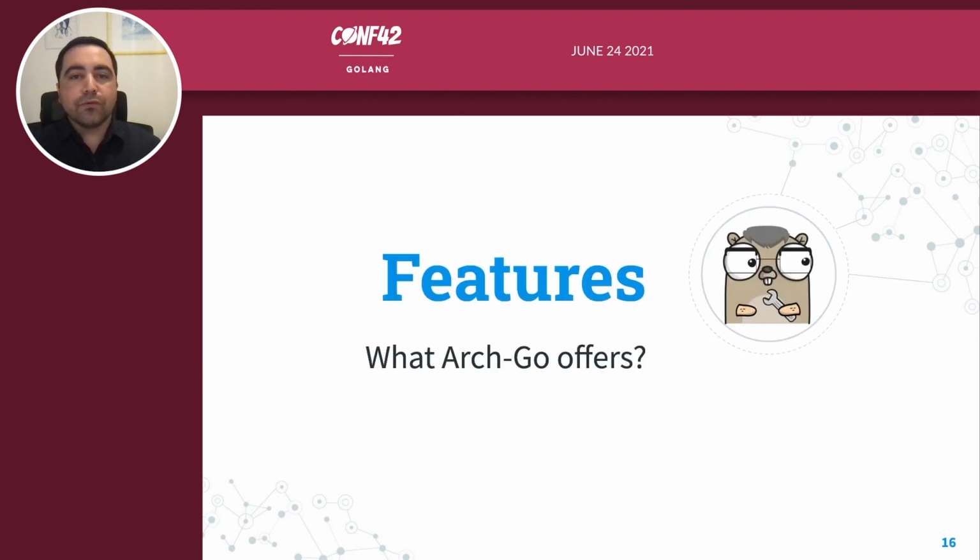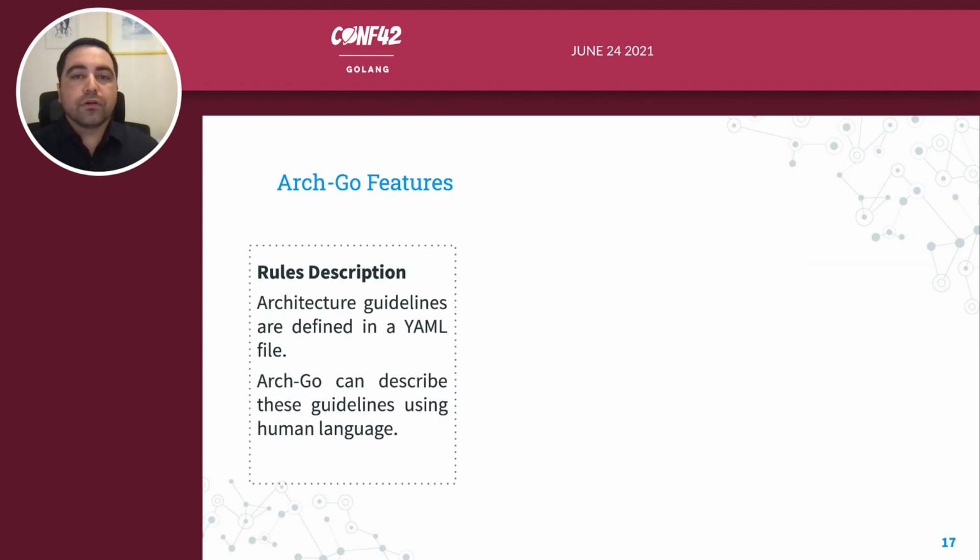Now that we know a typical execution process of ArcGo, let's see what features are included in this tool. ArcGo contains 3 features. The first one is the rules description. As our architectural guidelines are represented in a YAML file, ArcGo offers a simple way to represent those rules in a more readable way.